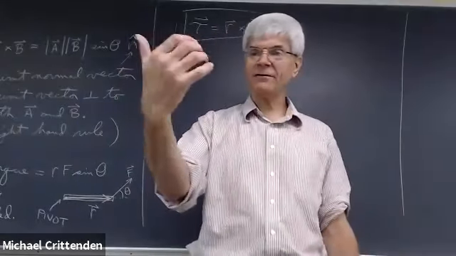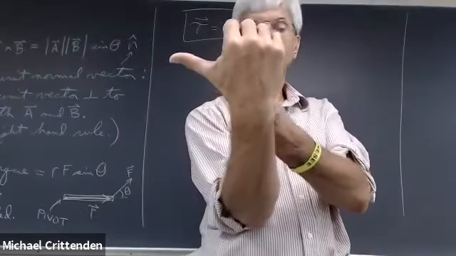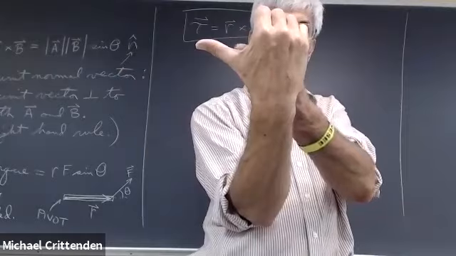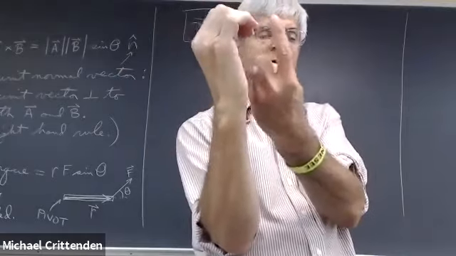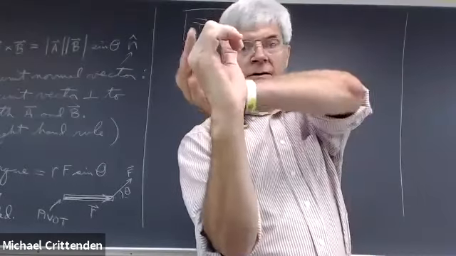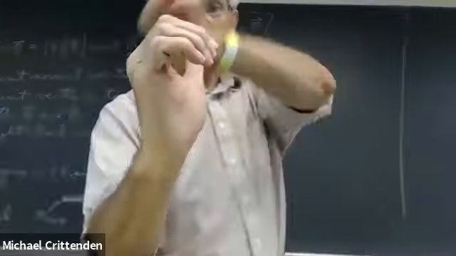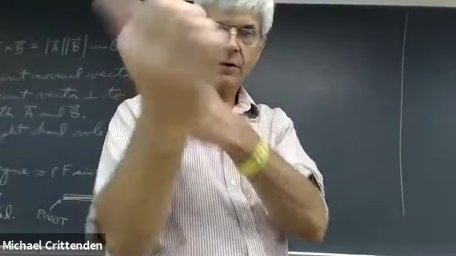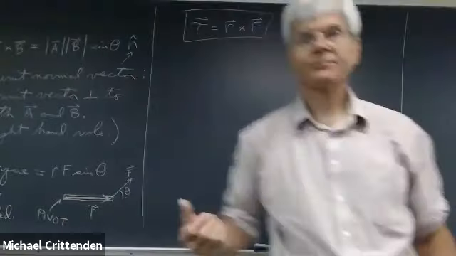But assuming it's a right-handed fastener, whether it's a bolt or a nut or a screw or whatever, if you want the thing to advance that way, make it turn this way, okay? So you turn it that way and it'll go this way, you turn it the other way and it'll go that way.